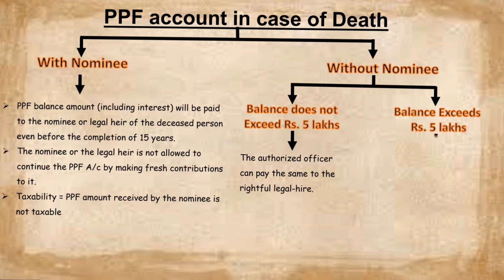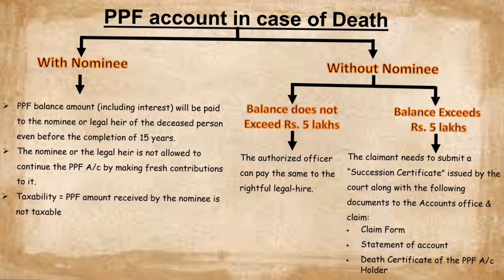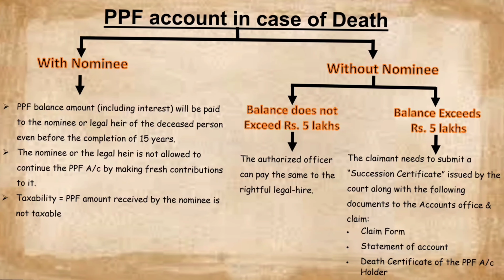But if the amount exceeds rupees 5 lakhs at the time of demise of the account holder, then the legal heir has to present a succession certificate as authorized by the local court, along with certain documents such as a claim form, a statement of account, and a death certificate of the PPF account holder. If the legal heir is able to provide all these documents, then the amount can be transferred to the legal heir in case no nominee has been appointed by the PPF account holder.